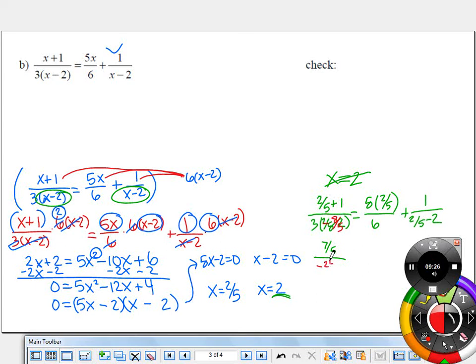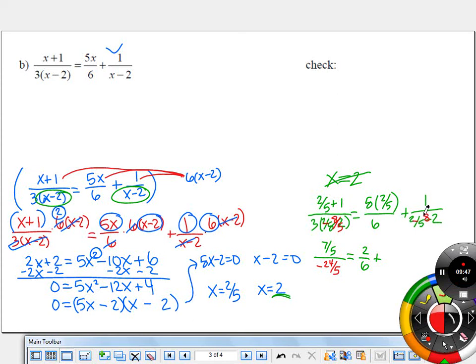So it's going to be negative 24/5. And then here we're going to have 2 over 6. And over here, 2/5 minus 10/5 again is negative 8/5. So the reciprocal of that is negative 5/8.